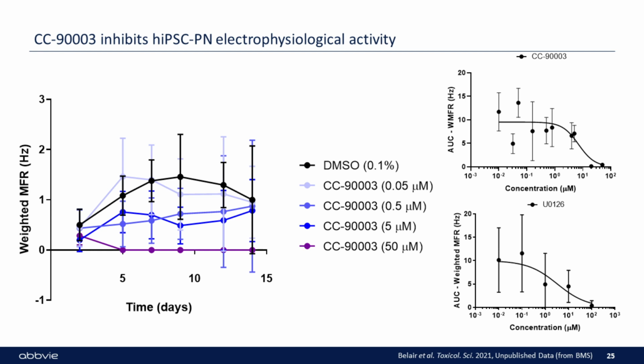So on the right, I'm showing the area under the curve for the weighted mean firing rate metric for CC90003 on the top, as well as another inhibitor of the same pathway, UO126, which is a MEK1/2 inhibitor, and both compounds potently inhibited weighted mean firing rate in this assay.